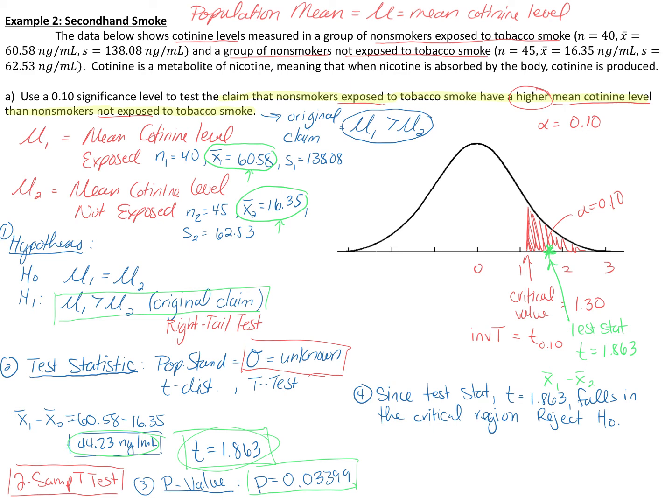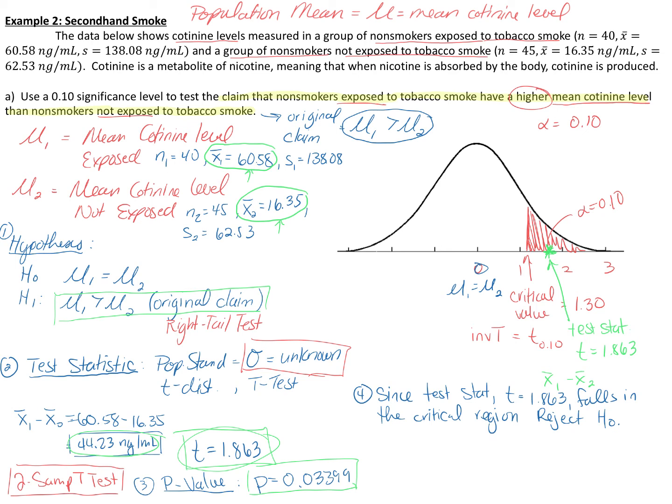It's so far away from the center, where at the center, this is where mu1 equals mu2. So this is enough for us to say that the mean cotinine levels, mu1, does not equal mu2. Otherwise, our test statistic would be closer to the center. It would be closer to that 0 value.